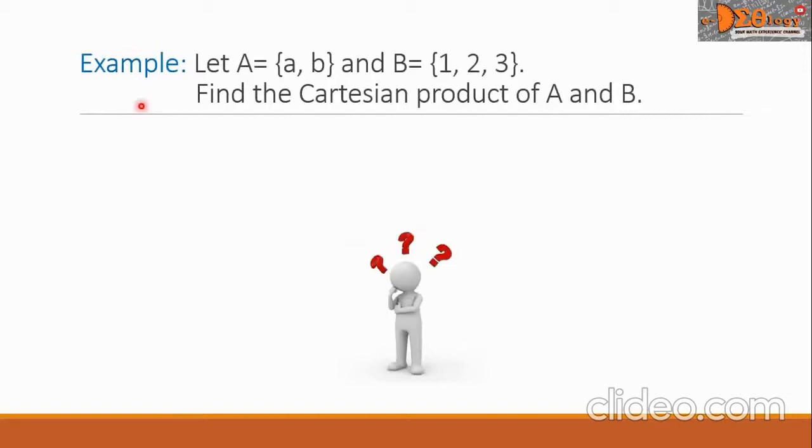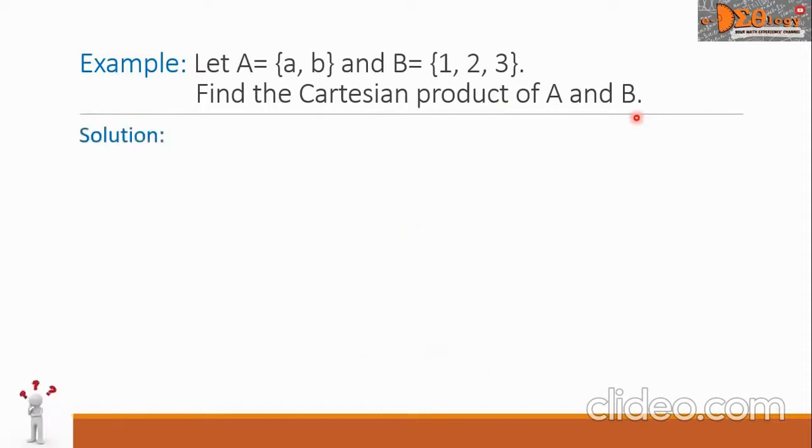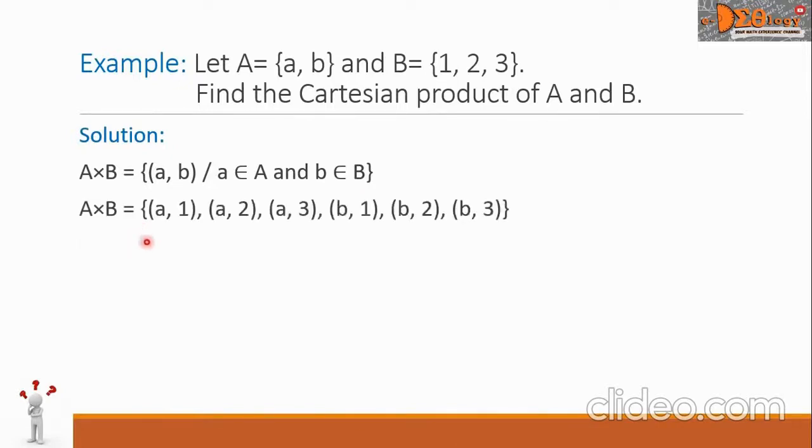Let us see this example. Let set A have elements a and b, and set B have elements 1, 2, and 3. Find the Cartesian product of A and B. So our A times B equals the ordered pair (x, y) such that x is an element of set A and y is an element of set B. So the answer is like this.